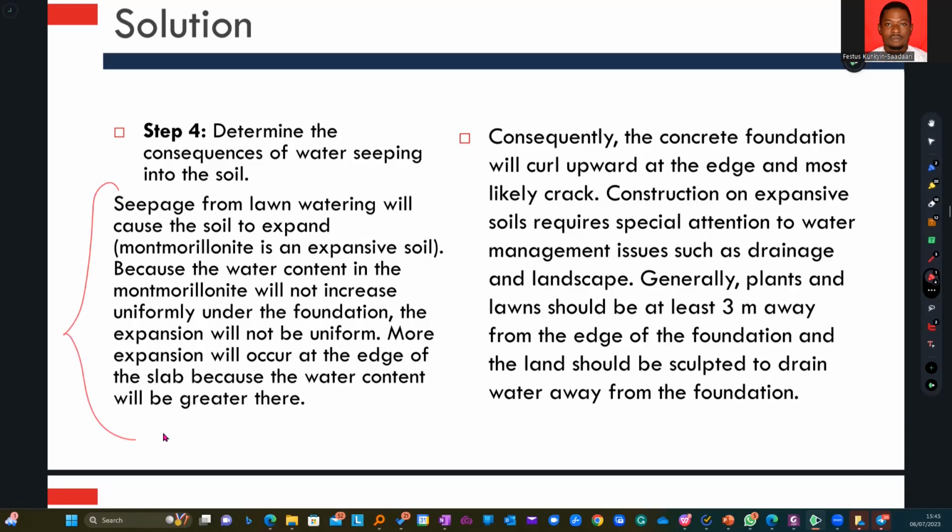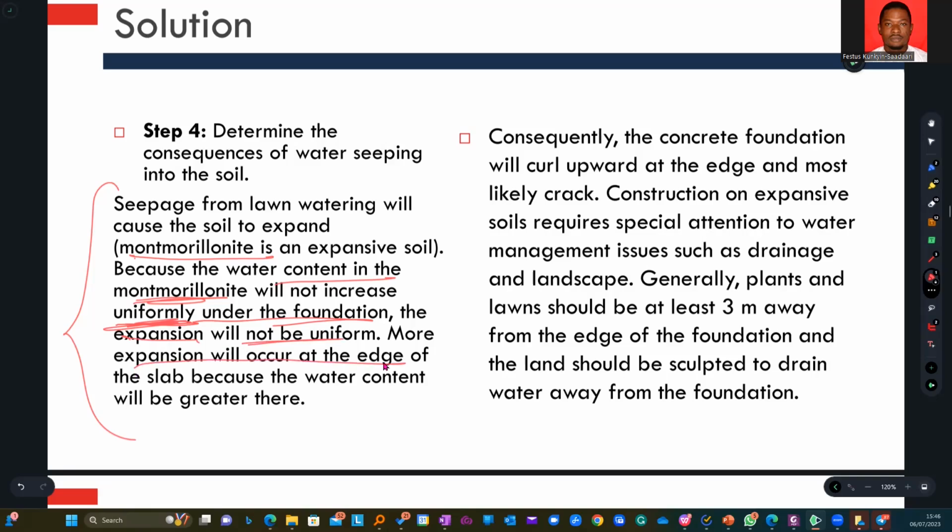Because it is clay, this type of mineral is going to exhibit expansive behavior. With that expansive soil and a slab on it, what do you think? Because of the water content in the mineral, it will not increase uniformly because it has so much clay. It will not uniformly increase under the foundation, so the expansion will not be uniform.